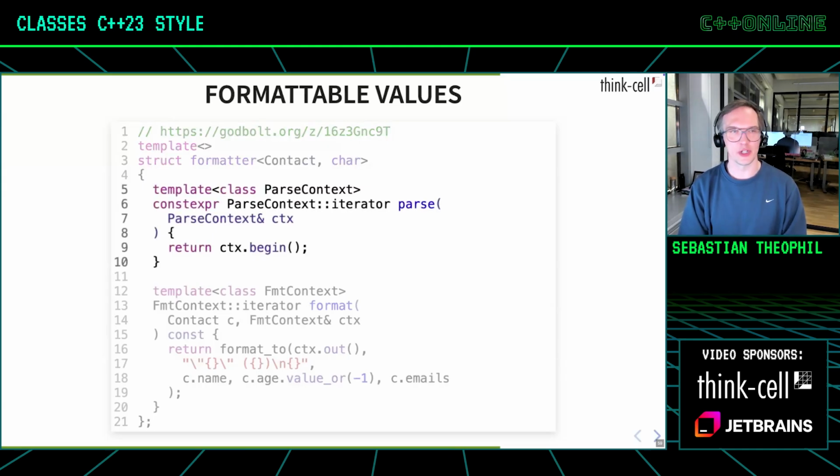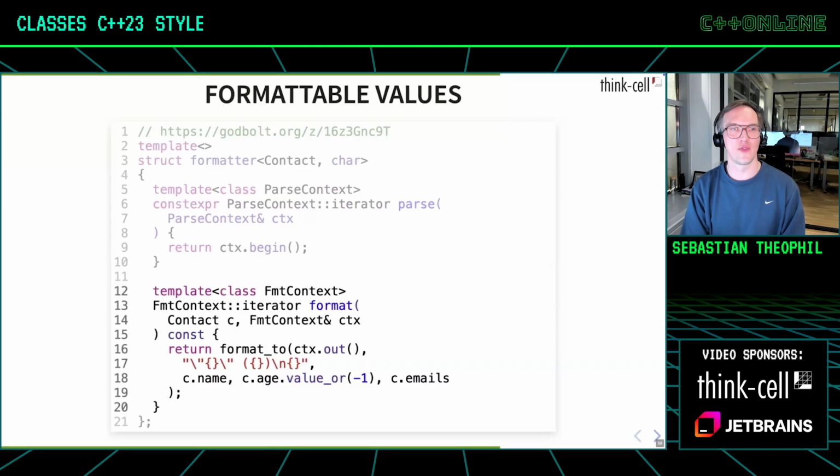The first one we'll not deal with now. The first one is the parse function. It has to be a constexpr function that is used to compile the format specifiers. So if in std format you want to specify how our Contact would be formatted, you can do this here and you can parse that specifier here. And then the important one is format.